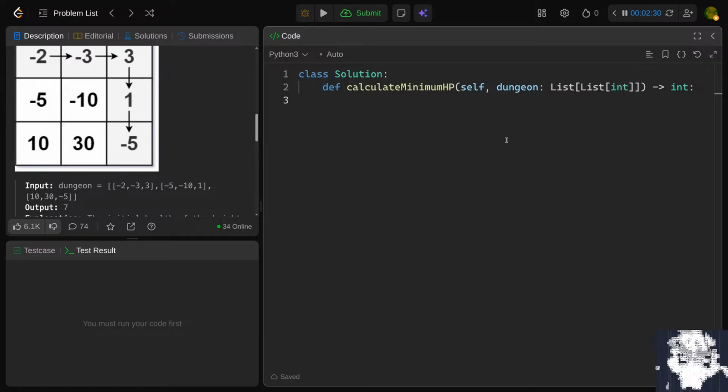So we just need a dynamic programming table. So table, I like calling it cache, equals a 2D array.